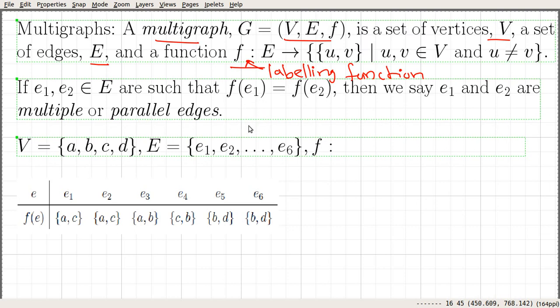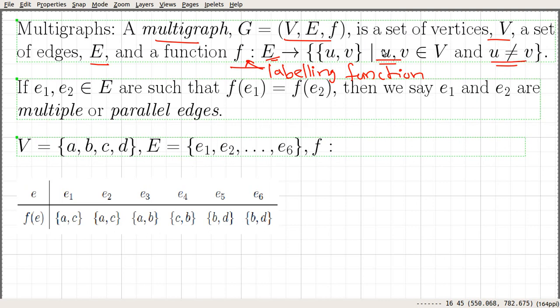We will see why we need such a labeling. This function is a function from the edge set to two-element subsets of V. Here we do not permit U to be equal to V.